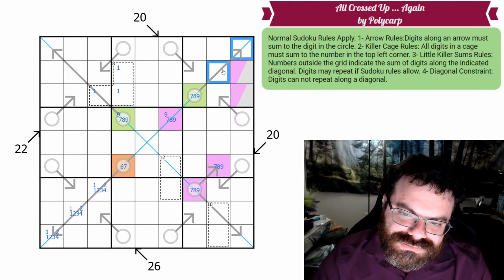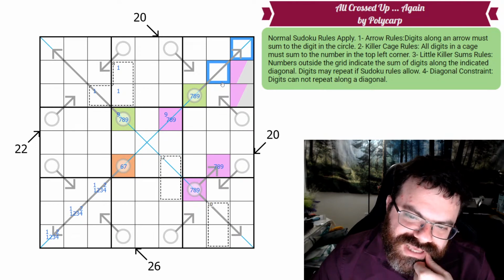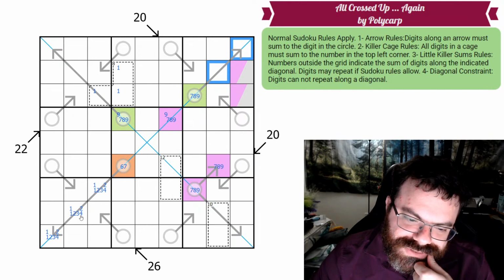How would I make 7? I don't think I can make 7 anymore. The 1 and 2 are used, so 3, 4 is the only other option, but that breaks this diagonal.